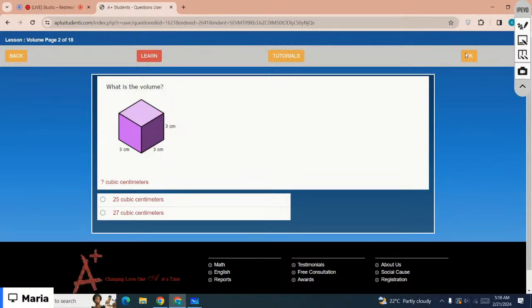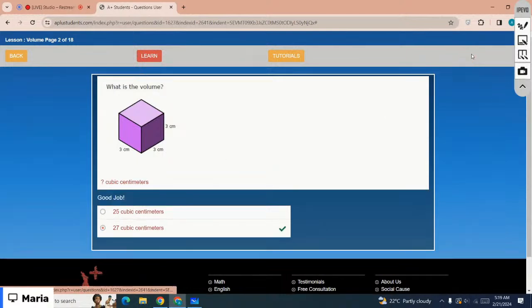So for the cube, you have to do side times side times side. So you have to do 3 times 3 times 3. Yes, that is 27 cubic centimeter. 3 times 3 is 9, and 9 times 3 is 27. Very good.